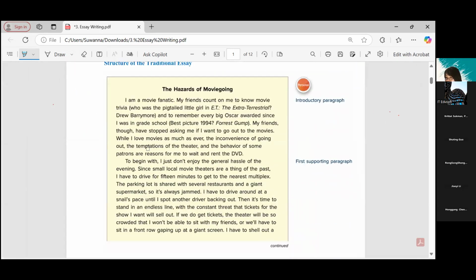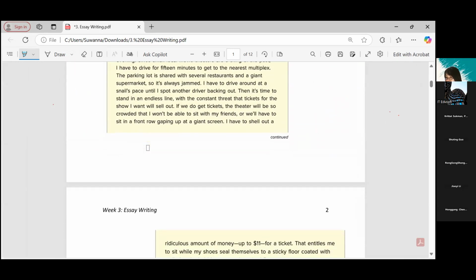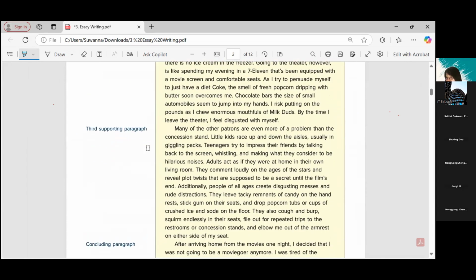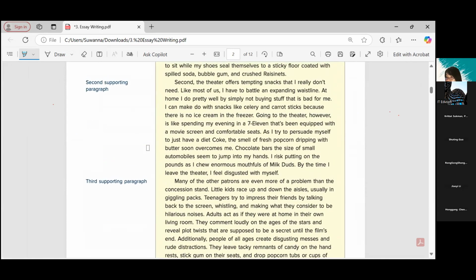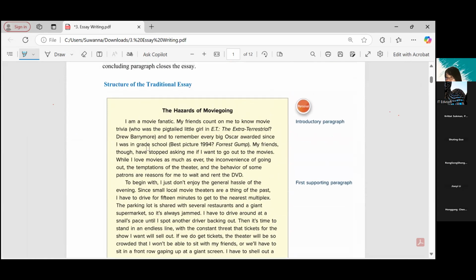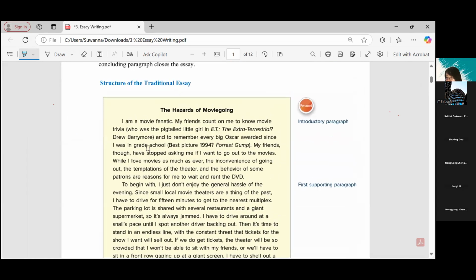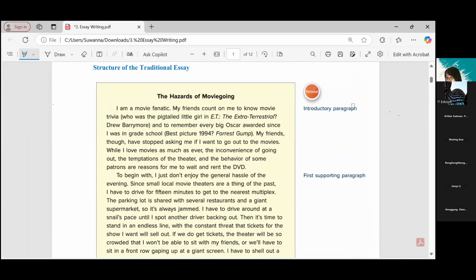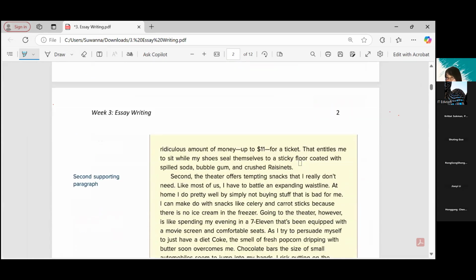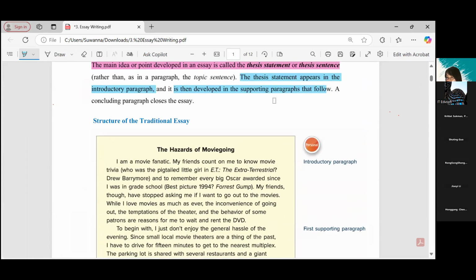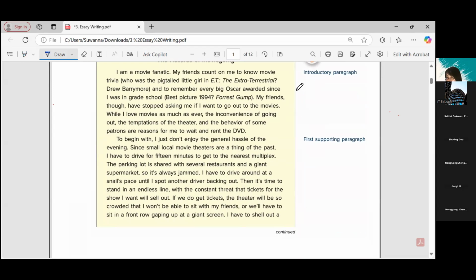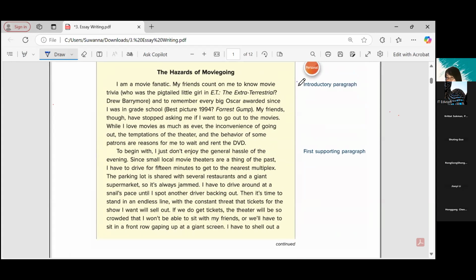So I would like you guys to take a moment reading this sample essay very quickly, okay? I'd like you to see how it is structured. You see, I already attached each section of the essay, so no doubt about that. An essay begins with an introductory paragraph over here.